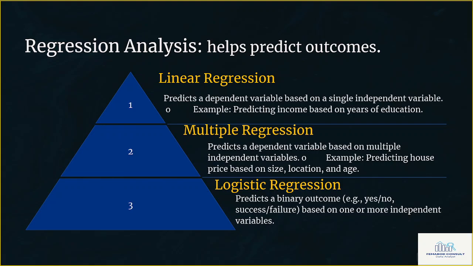So linear regression predicts a dependent variable based on a single independent variable. For example, predicting income based on years of education. So you want to see years of education, or how long this person spent in school: will it affect the income in the future?